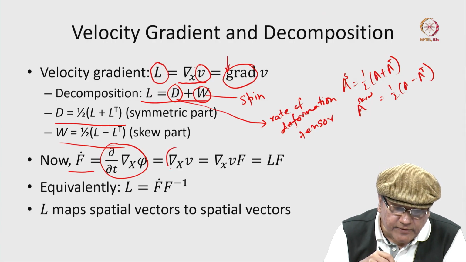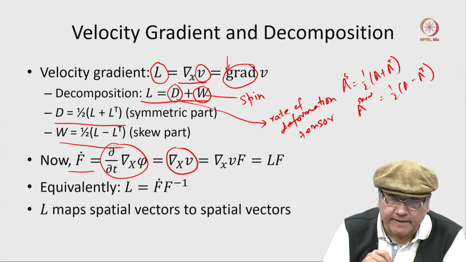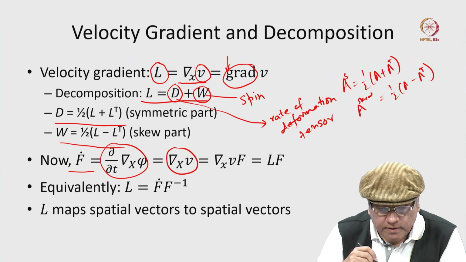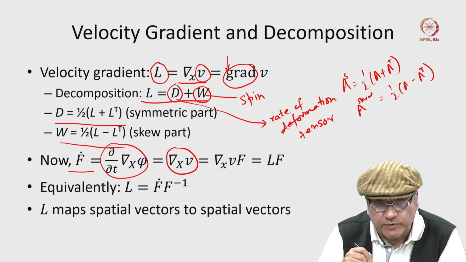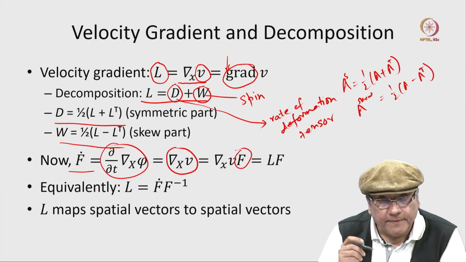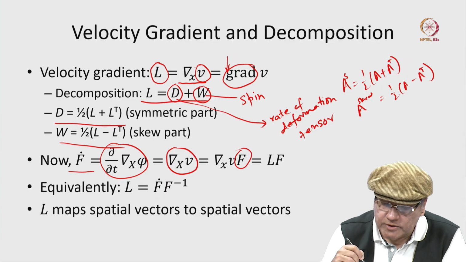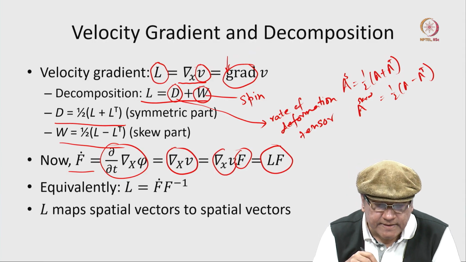So I can call it grad X of v, because del phi by del t is v, fixing capital X. Now apply the chain rule, take this gradient with respect to small x, and then by chain rule I have to take the gradient of small x with respect to capital X, which is capital F, the deformation gradient. So we get LF, because this part is L.